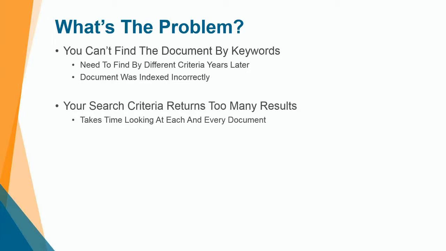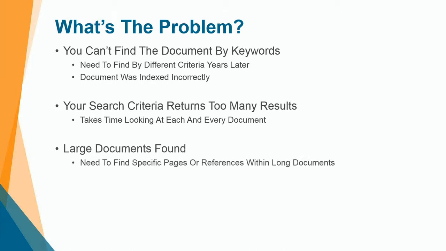Or maybe you perform a search, and that search is pretty broad. It returns a large list of documents, and to actually find the document you're looking for based upon that search criteria, again the keywords, it's going to take some time to look at each and every document to identify the one you're looking for. Or maybe you've retrieved a 100-page document, for example, and you're looking for something very specific inside that document.